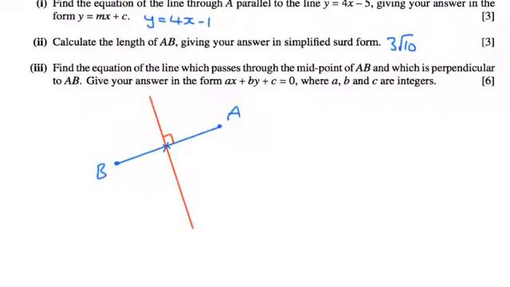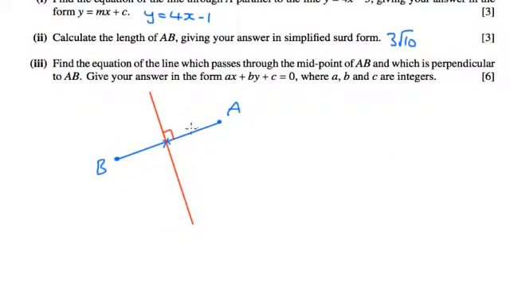Well, we need to know two things. Again, just like we did in part 1, we need to know a point on the line, and we know that that's going to be the midpoint, and we need to know the gradient of this line.